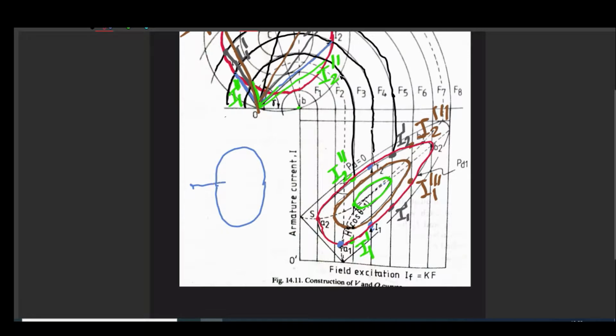Then you insert a cut along this. Then what will you have? This will give you the shape of V. So similarly here, if you take a particular section, they are going to give you the shape of the V curve, right?